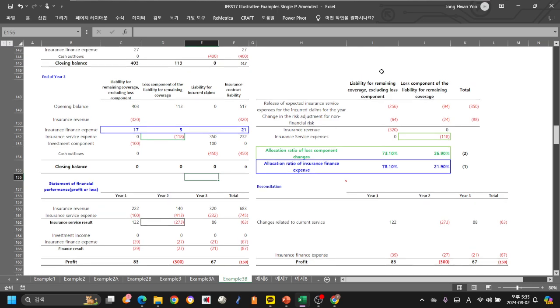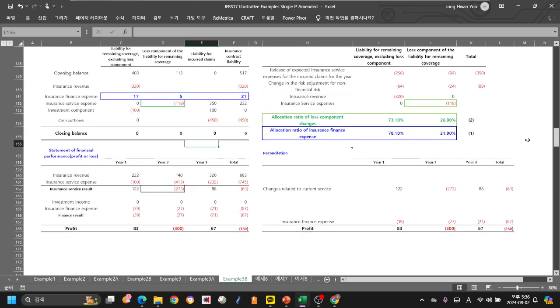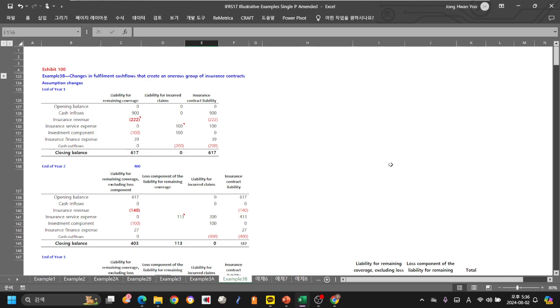So it means that the allocation of loss component LRC and non-loss component LRC works well, and that should be organized into the measurement result database. So this is where most Korean insurance companies made a mistake, and they haven't corrected it up to this point.